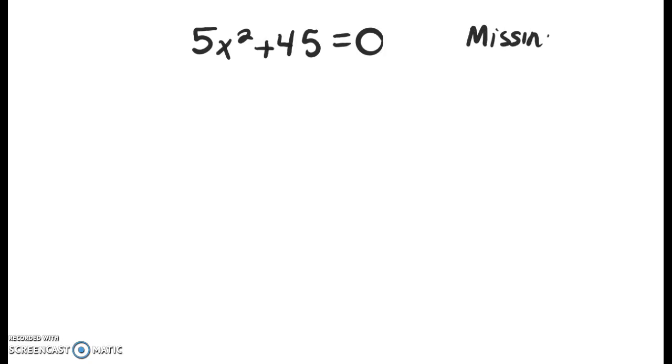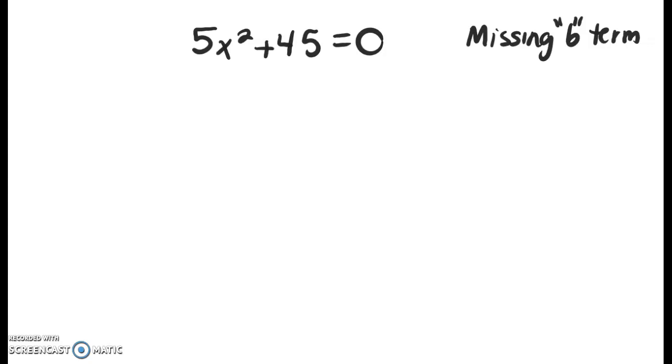And so this is an example of a quadratic problem that you may see, and you may think, do I have to try to factor this? And you could factor this. You could use the quadratic formula, but because it's missing the b term, that plus bx, in this type of problem, you can try to isolate the x.